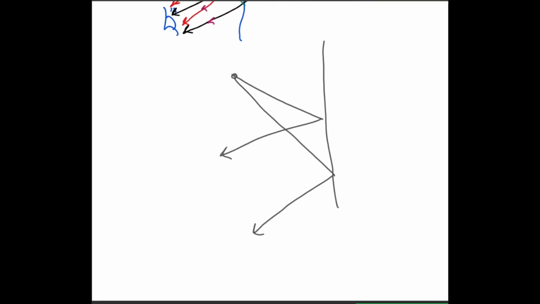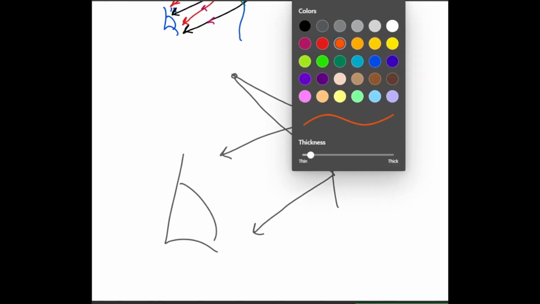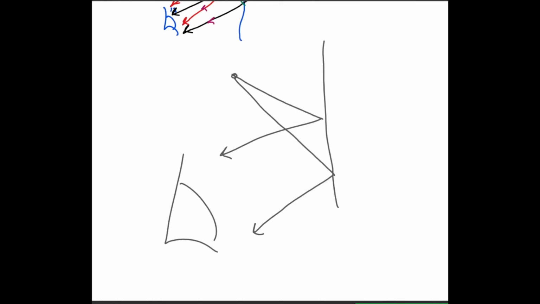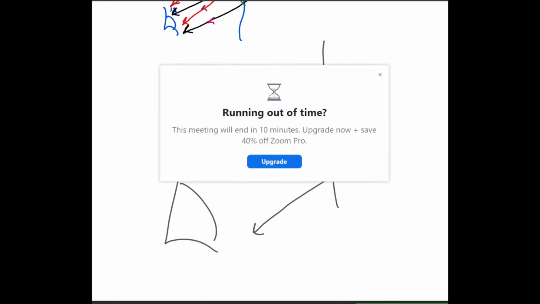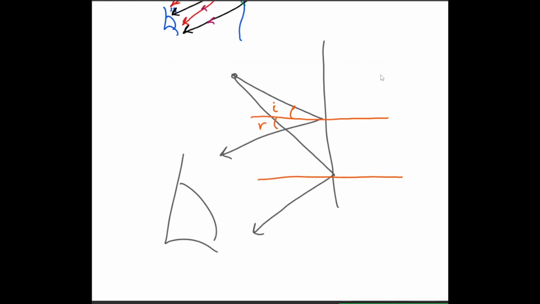I'm exaggerating it deliberately, considering that this is the size of the eye, to explain what's actually happening. Don't try to force the solution you thought would be correct onto the diagram. You see, if I draw the normal at this point, this angle of incidence and reflection are different, and this angle of incidence and reflection are different. Do you see that, visually speaking?